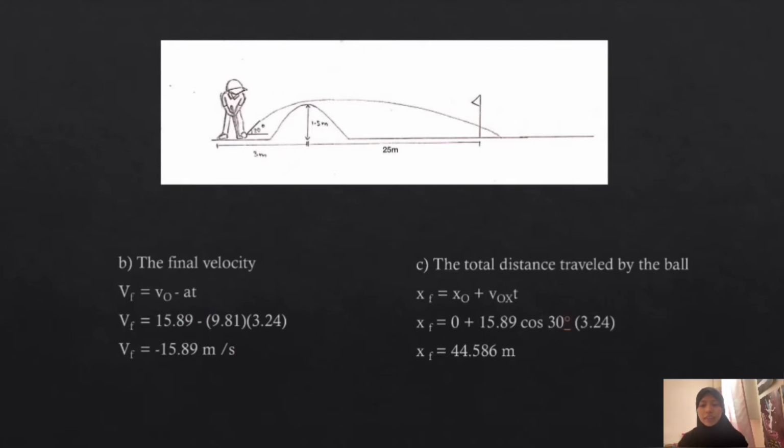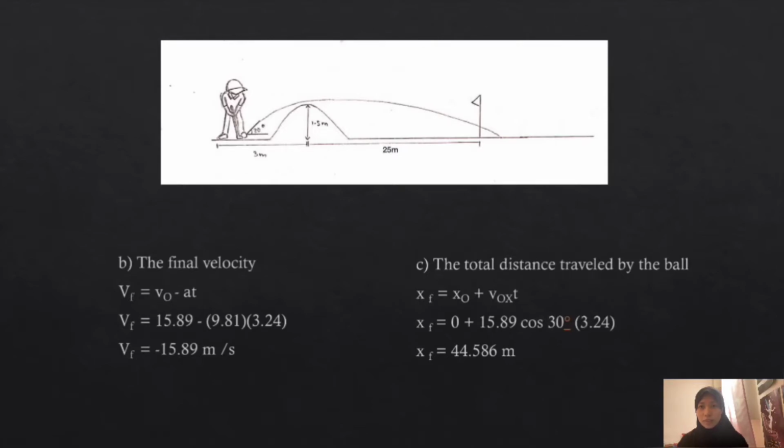And we can find the total distance traveled by the ball. We use the formula x final equals x initial plus v initial x times t. x is the distance, and x initial is 0 because the ball started from 0, plus 15.89 cos 30.